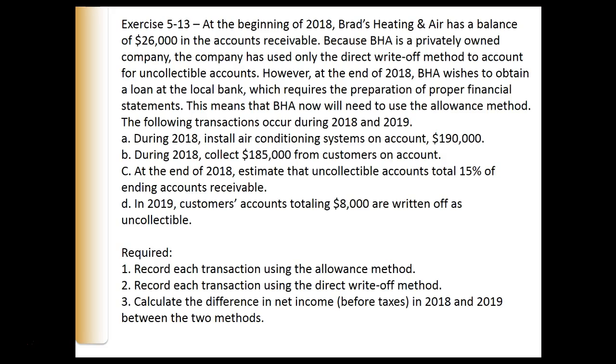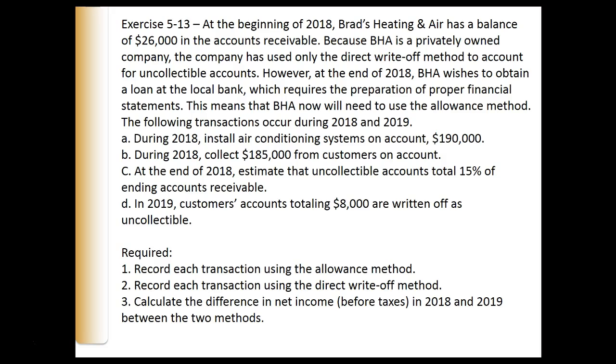However, at the end of 2018, Brad's Heating and Air wishes to obtain a loan at the local bank, which requires the preparation of proper financial statements. This means that BH&A now will need to use the allowance method. The following transactions occur during 2018 and 2019.